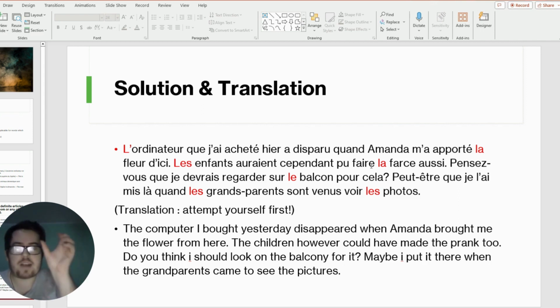So the form that you actually find in the dictionary. So you'd have something like this: Les enfants auraient pu faire. Right? And we have pouvoir, which is a verb conjugated in a tense that I haven't covered yet. So don't worry about it. And then we have another verb, faire. Cependant means however. The children, however, could have made la farce, the prank. Aussi means as well or too. So, les enfants auraient cependant pu faire la farce aussi means the children, however, could have made the prank too.